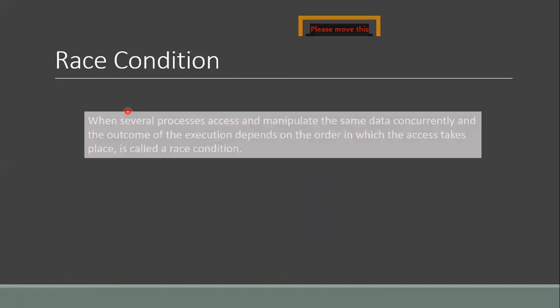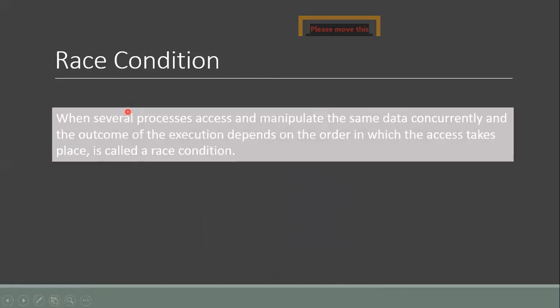Race condition: when several processes access and manipulate the same data concurrently, and the outcome of the execution depends on the order in which the access takes place, it is known as a race condition. So what we have just discussed is an example of race condition.